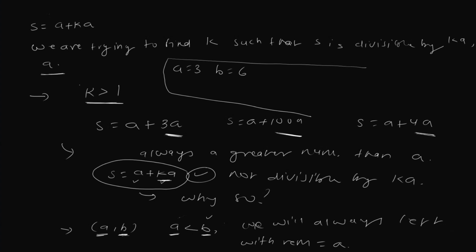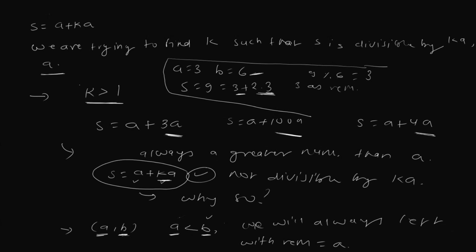So the sum would be 9. 9 means 3 plus 2 into 3, and then we divide it by 6. This will not be divisible, but will be left with remainder 3, as 9 divided by 6 gives us remainder 3.